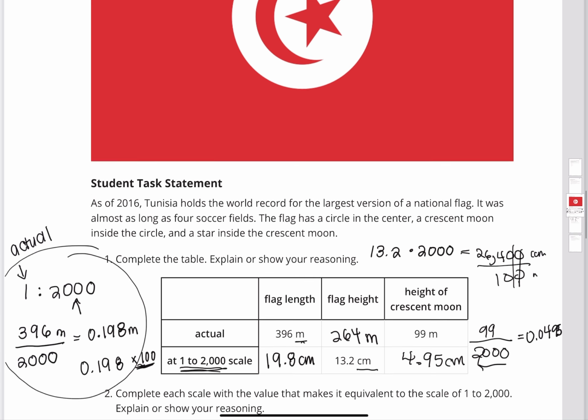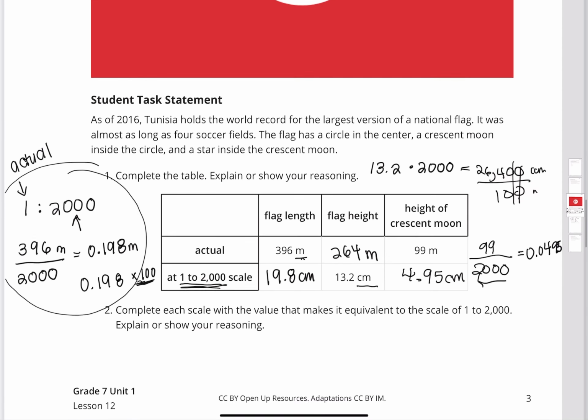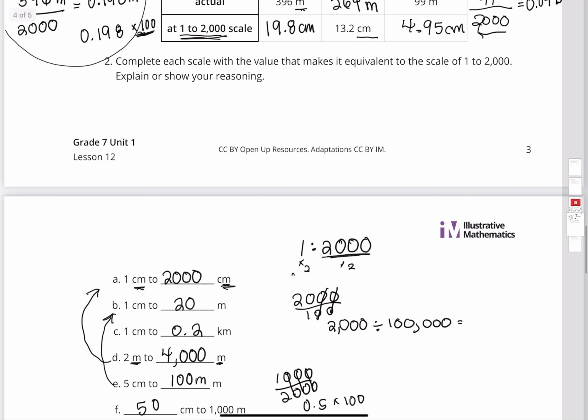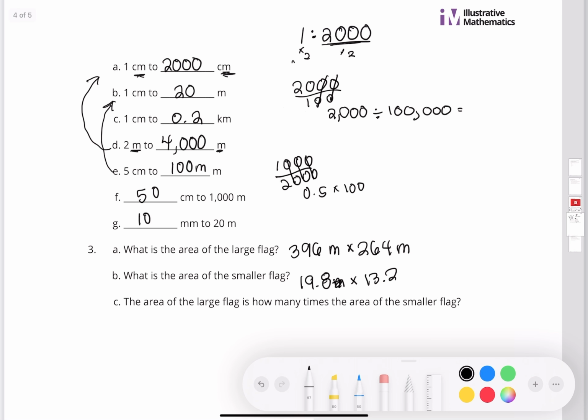From the smaller flag, it was 19.8 times 13.2. So here we go. 19.8 meters times 13.2. Oh, it's supposed to be centimeters. My apologies.